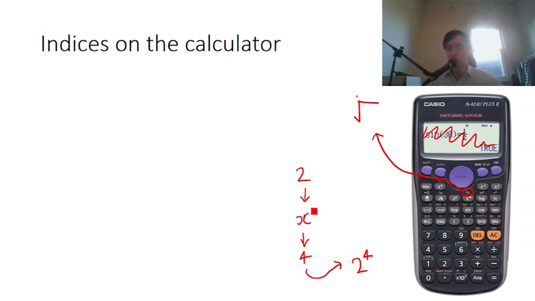We've done square roots before, but there'll be cubed roots and fourth roots. And you don't know what they are yet, maybe, that's okay. But to get there, because it's a little green thing over here, you click Shift, and then you hit this button, and that will get you into that. So if you see the little green things above a button, you access them with Shift, if you have a Casio calculator.